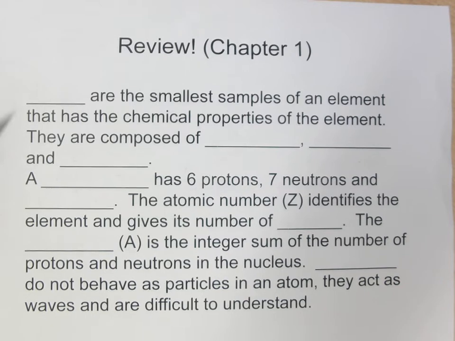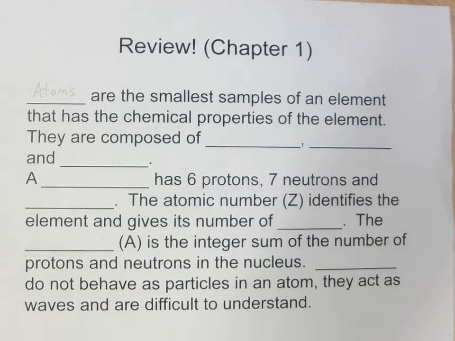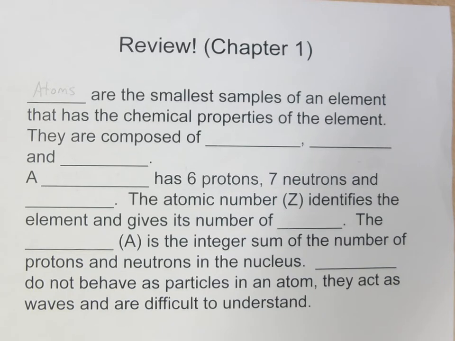So the first little slide in the gap notes here, what I do is I read the sentence and see what I put in the blanks to make it make sense. So something is the smallest sample of an element that has the chemical properties of the element, and any professional chemist should tell you right away that atoms are the smallest samples of an element that have the chemical properties of the element.